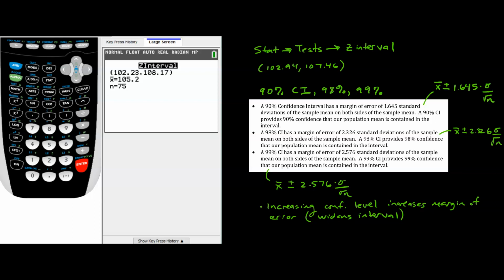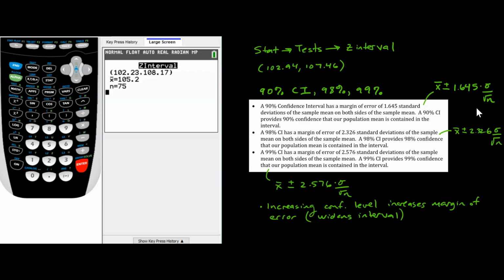I'll say, what is not necessarily how wide is an interval, but what is the margin of error in a confidence interval? And if you do get that margin of error question, please know that you don't have to use these formulas, because this would be a margin of error for a 99% confidence interval. This would be a margin of error for a 98, and this would be what you would use in order to find the margin of error for a 90% confidence interval.